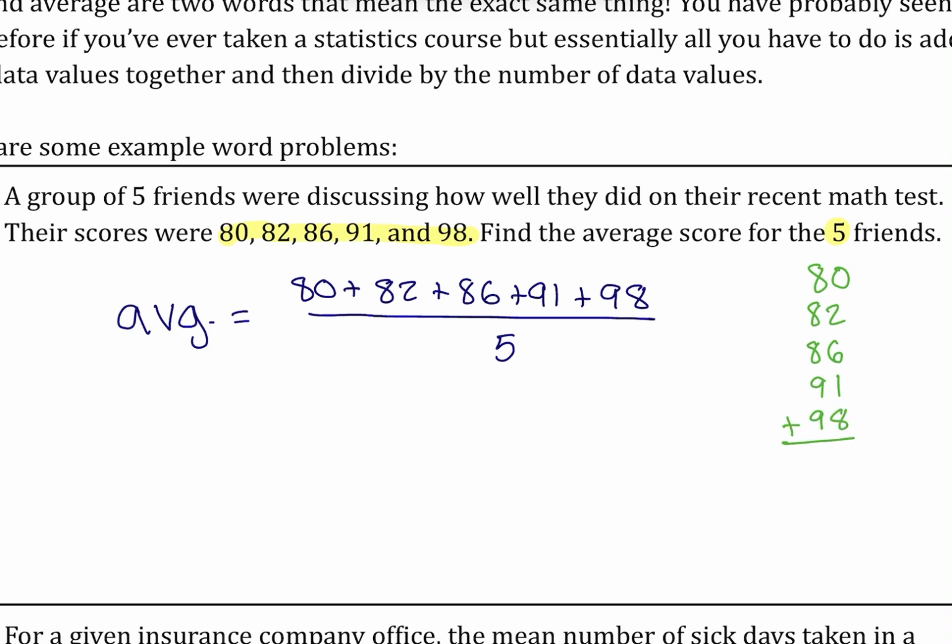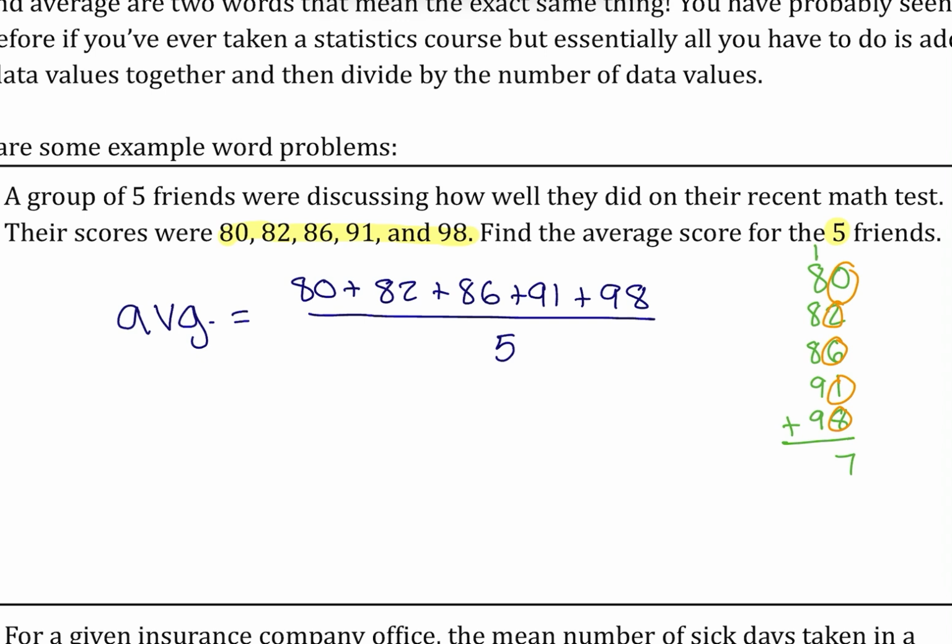A trick that I like to do is find numbers that add to 10. For instance, we have 2 and 8. Those add to 10. The remaining numbers are 6 and 1, which add to 7. 10 plus 7 is 17, and the 0 isn't going to add anything. So we have 17.